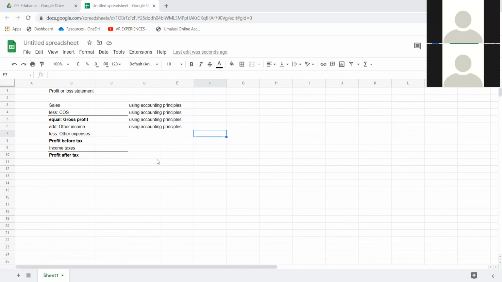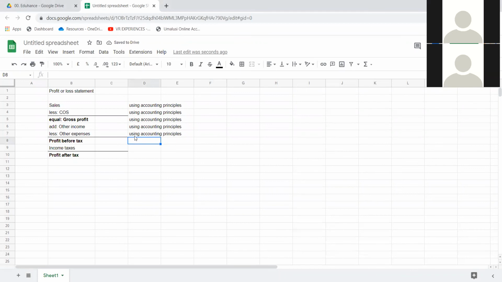Then we have items relating to IFRS 9. So other expenses is made up of a whole host of accounting standards. As a result, other expenses is also determined using accounting principles.